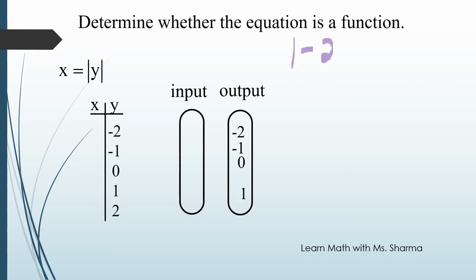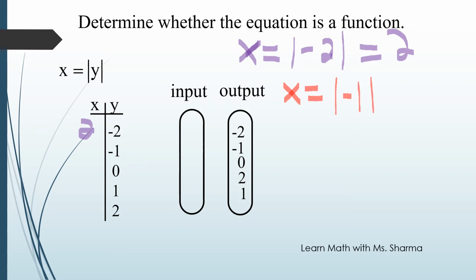So we have first y value -2. When we take the absolute value of -2, we have 2. When we take the absolute value of -1, it's 1.